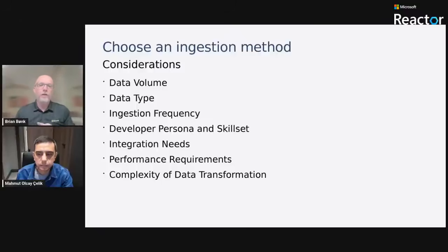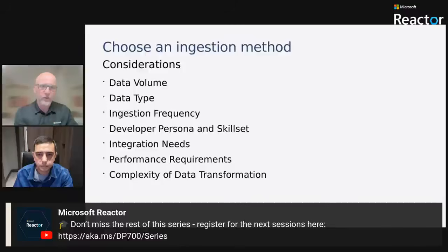And then also consider the performance requirements. Do you want to ingest terabytes of data every hour? Then I wouldn't use Dataflow Gen 2 because that has a limitation, or you will just pay a lot of money to handle that compute. I would then look at pipelines or notebooks to handle that kind of volume. And do you need data transformation? Then a notebook can do everything you want to do in data transformation.